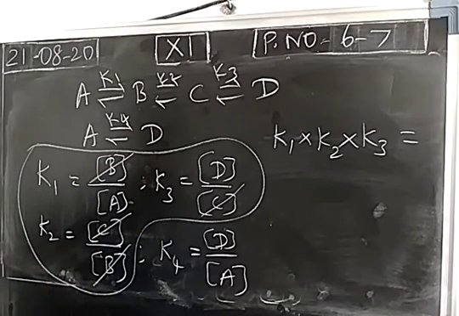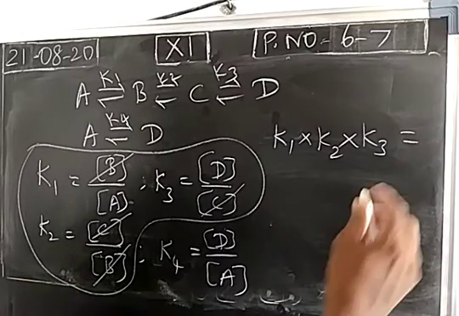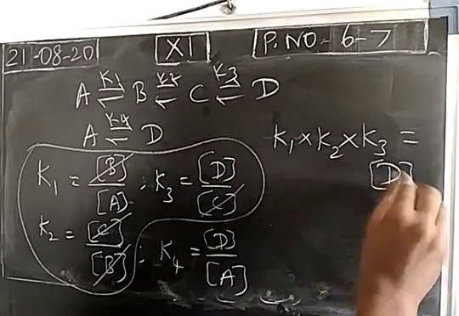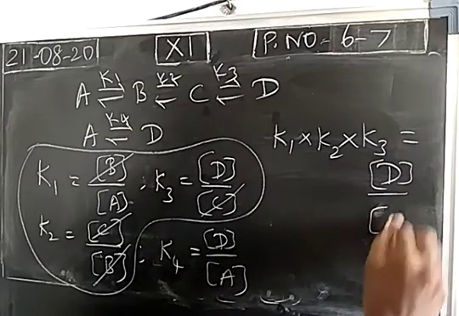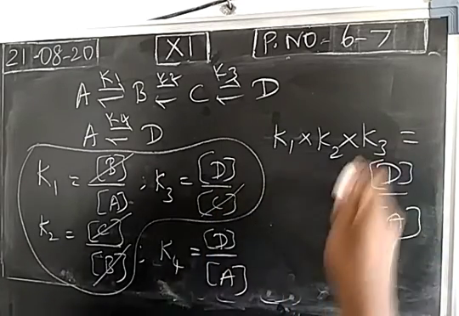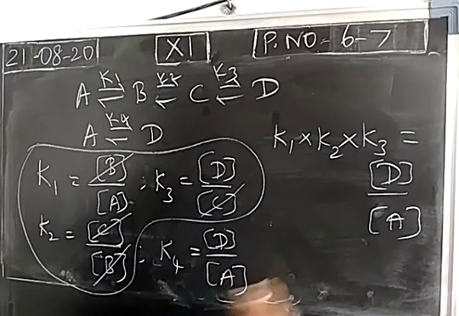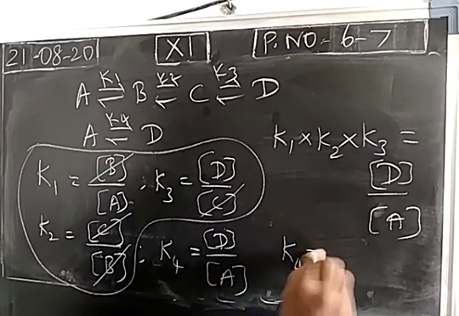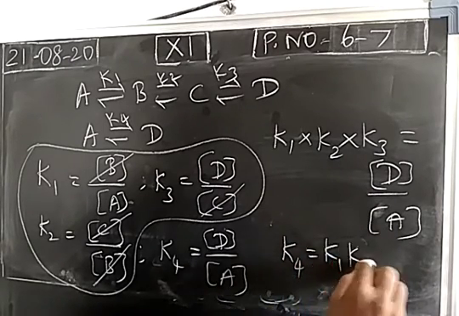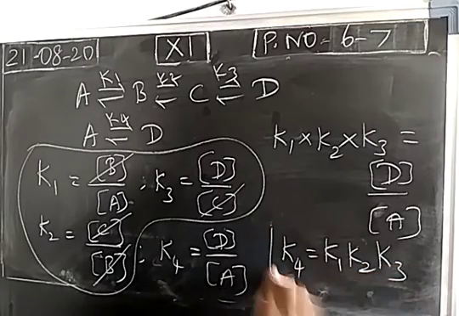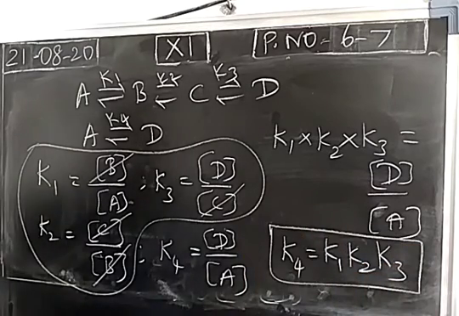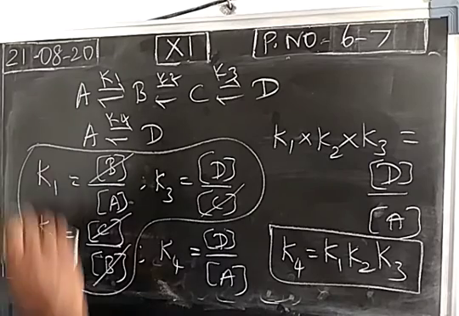The concentration of C as well as the concentration of B will be cancelled. Remaining is the concentration of D divided by the concentration of A. So this is nothing but K4. So K4 is equal to K1 times K2 times K3. All these are 3-mark problems. So what is the relationship between the equilibrium constants K1, K2, K3 and K4?